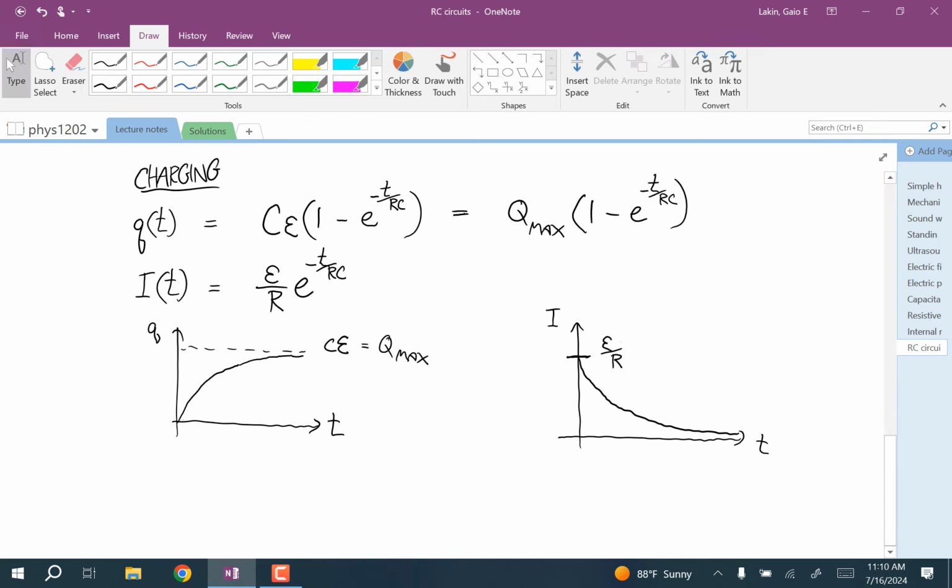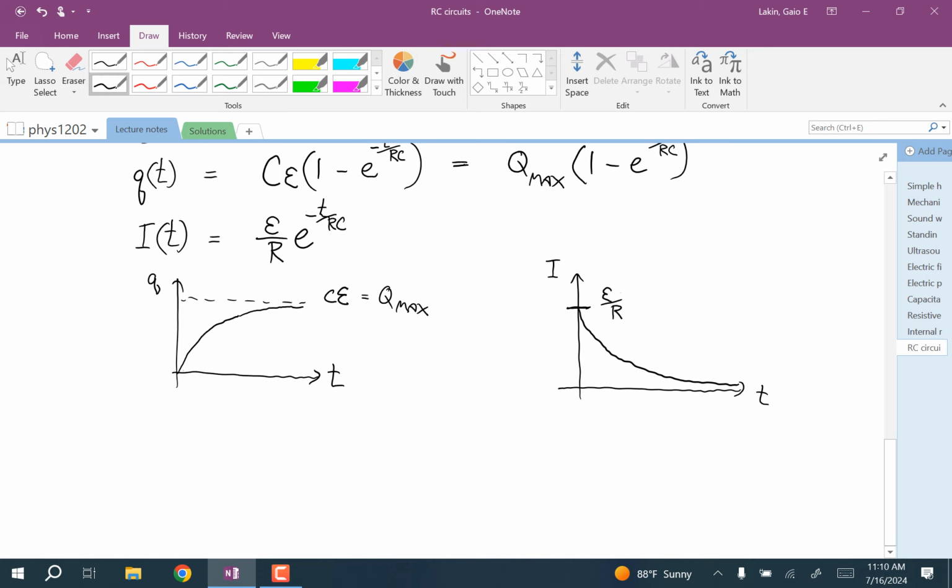One important thing in charging and in discharging also is what's called the time constant.